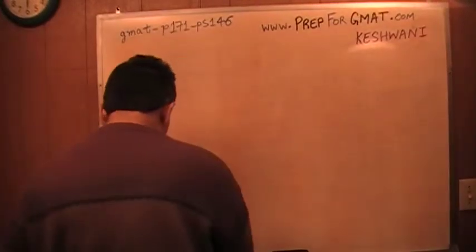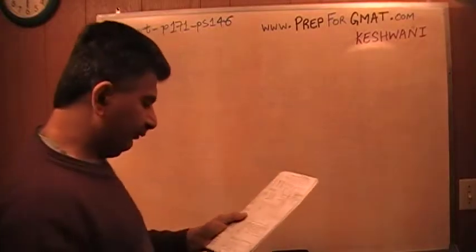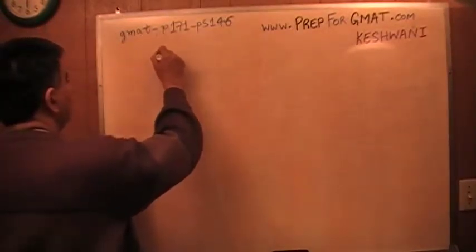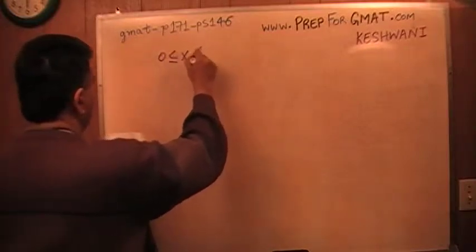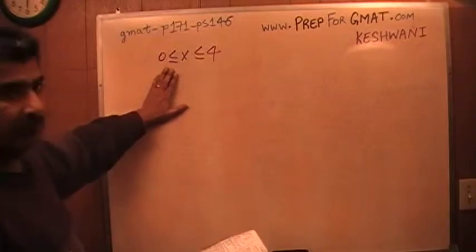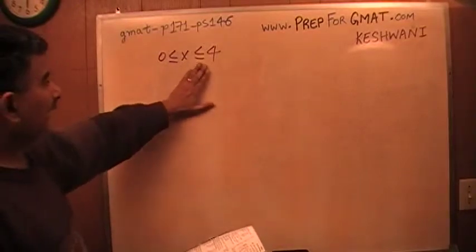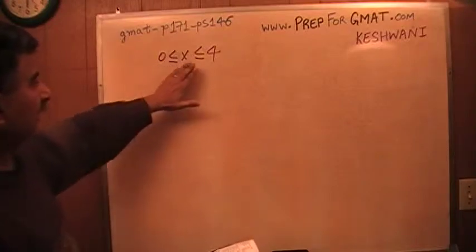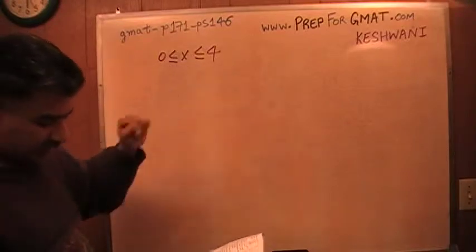It says, if x is between 0 and 4, x is greater than or equal to 0 and less than or equal to 4, which means x is allowed to be as low as 0 and as high as 4, but nothing more than that.